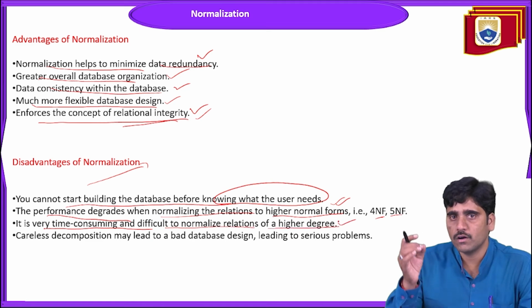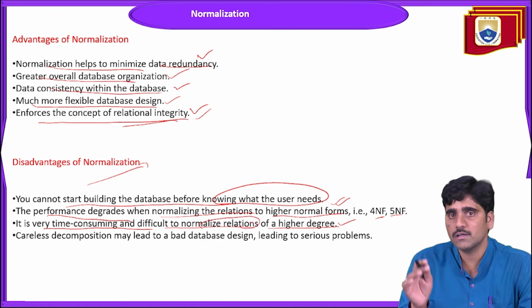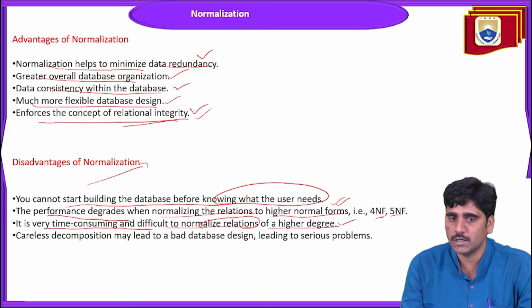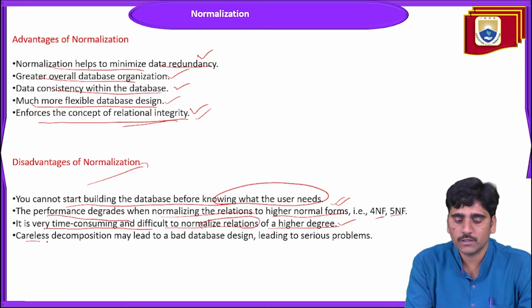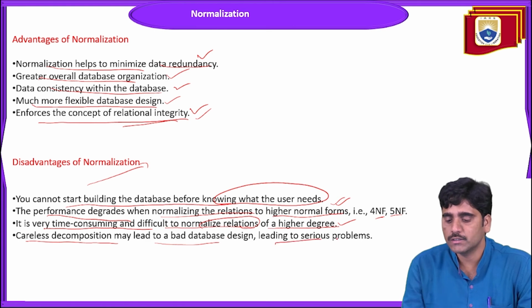Whenever we have a high amount of data, it is very time consuming and difficult to normalize the tables when having more than thousands of variables in the database. And next, careless decomposition may lead to bad database design and serious problems.